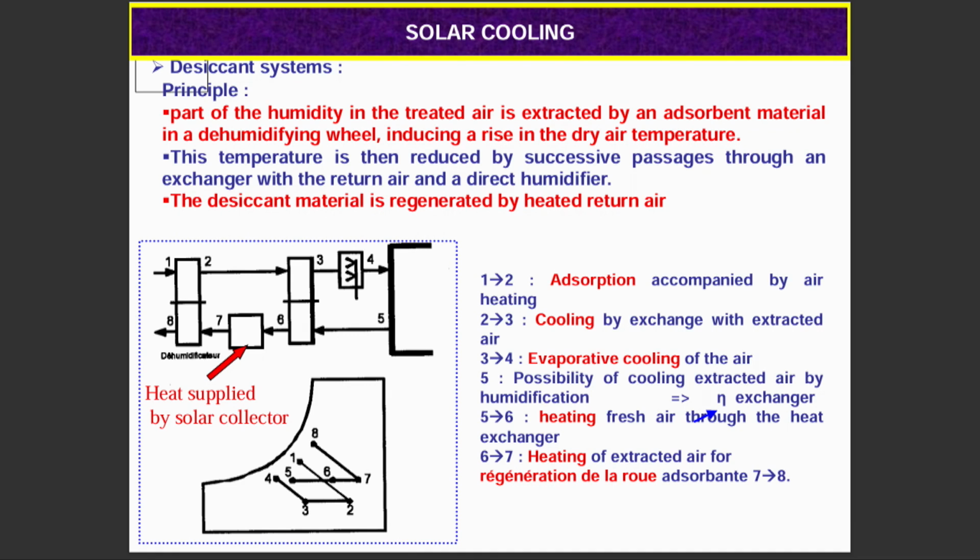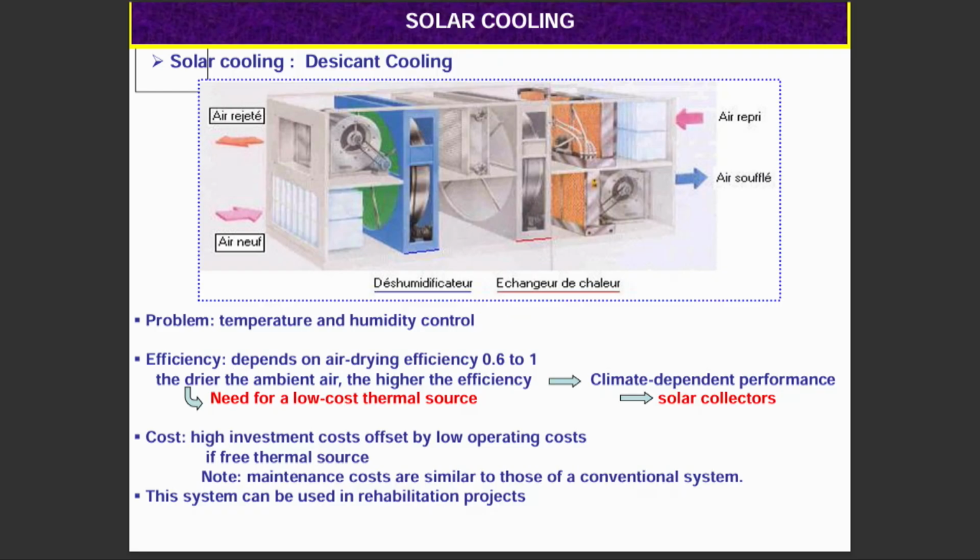It is a very simple transformation. It is simple heating, simple cooling, or evaporative cooling. And evaporative cooling is an adiabatic transformation. So we'll see it's a series of very simple transformations.